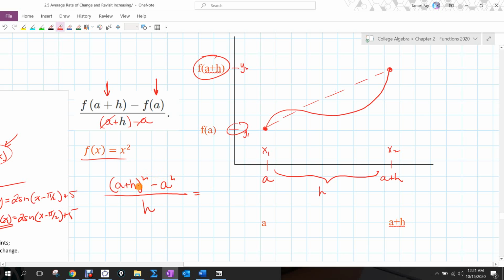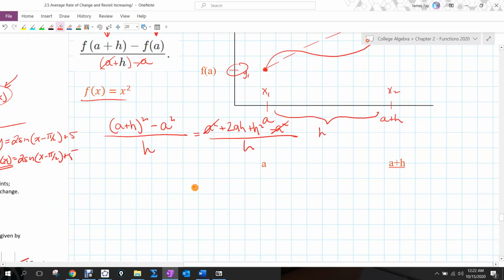Well, this is going to give me a plus h squared, which is a squared plus 2ah plus h squared, minus a squared, all over h. So I just expand that, FOIL it out, and you see that you have a squareds, and they cancel out. One's positive, one's negative.